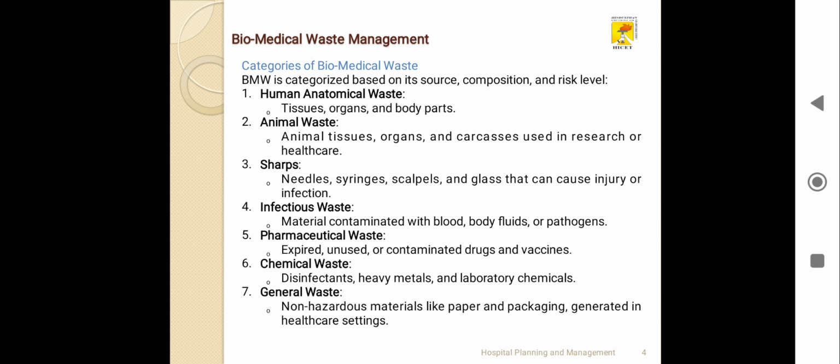Chemical waste includes disinfectants, heavy metals, and laboratory chemicals. Another is general, non-hazardous waste like papers and packaging materials generated in hospital settings. So these are the several categories of biomedical waste. Some may be infectious, some non-infectious, some related to pharmacy or chemicals, and others related to small instruments like needles, syringes, and scalpels.